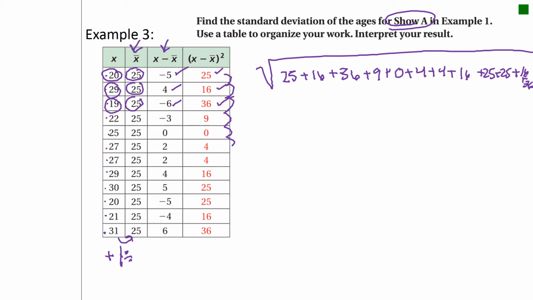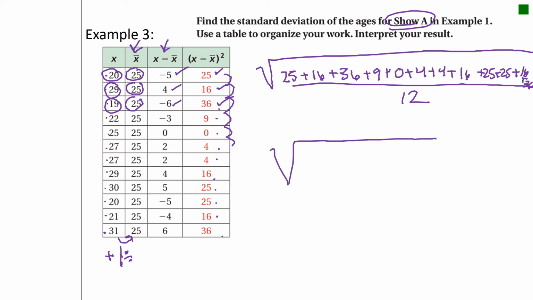Then I divide by 12, because there are 12 points in our data. Let me double check: 1, 2, 3, 4, 5, 6, 7, 8, 9, 10, 11, 12. When I do all of that, I get the square root of 212 divided by 12. That's a repeating decimal, about 17.7.